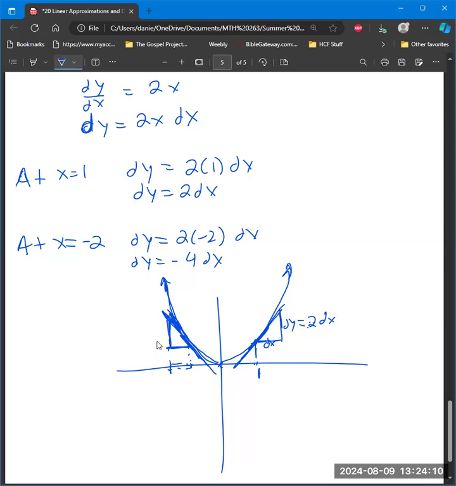And so this is -2, and this is -2 plus dx. This is dx.